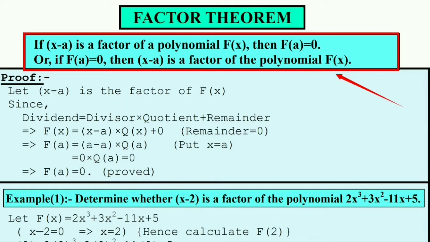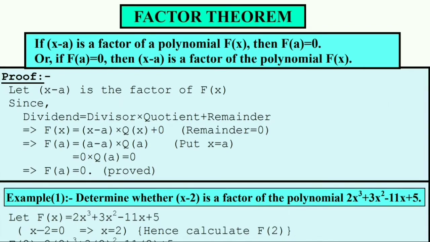I repeat the statement: if x minus a is a factor of a polynomial f(x), here f(x) is being treated as the dividend and x minus a is the divisor. And if f(a), the remainder, is 0, then it's obvious that x minus a, the divisor, is a factor of f(x), the dividend.